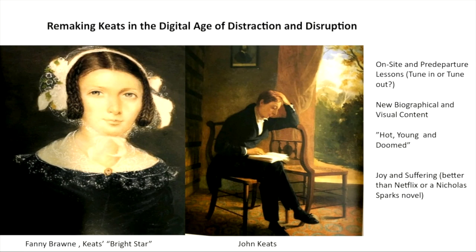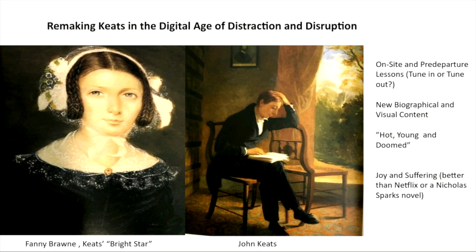Other kinds of topics that students find very memorable and connect with are Keats's illness, his suffering and loss, having lost both parents by the time he was 15 years old, and his own sense that he was doomed to tuberculosis, an illness that had killed a brother and his mother.